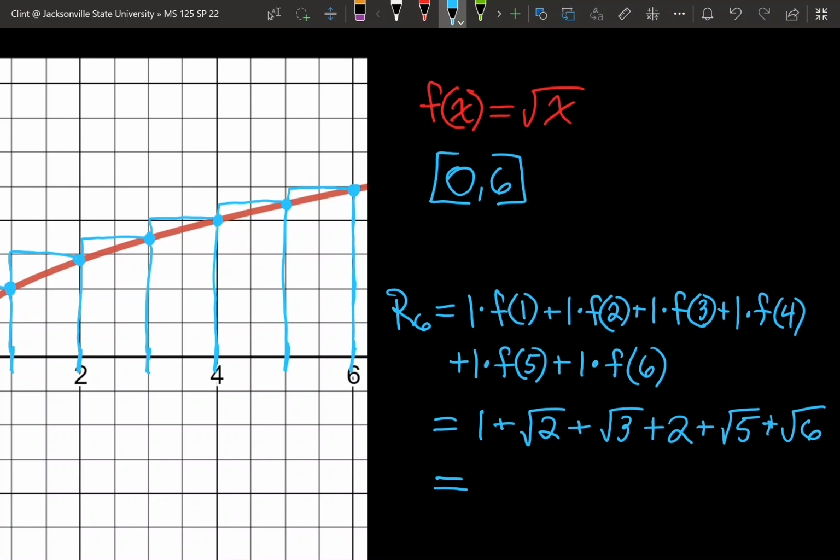And if I can use my calculator, I'll get this in a second. Yeah, so it's like 10.832, something like that. That's 3 decimal places. WebAssign will tell you how many decimal places.